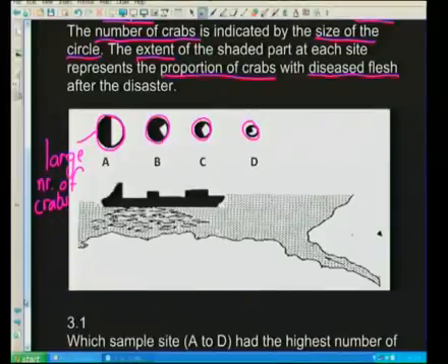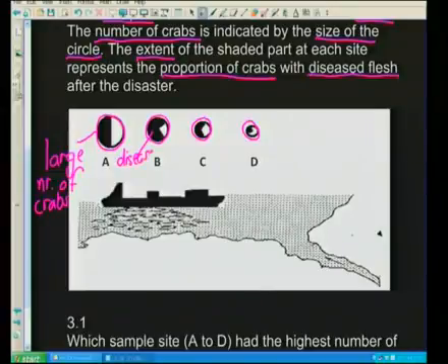All right, so if we move down to our diagram, we can also now write it in on our diagram. That shaded region, let's do it there. The shaded region means that it's the proportion that's been covered by the oil. So that's the diseased flesh. All right, that's how many crabs have been contaminated. All right, now let's look at the questions.